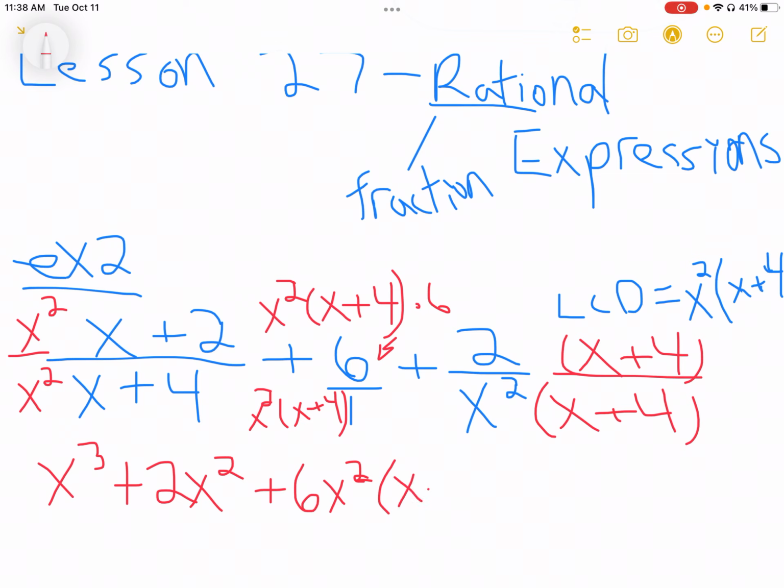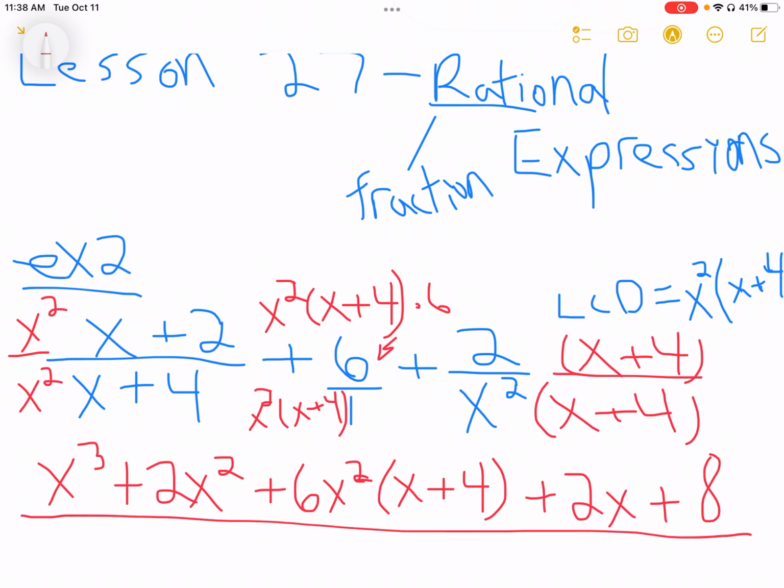I'll write x plus 4. That way we can do it in 2 steps, and we can see it more fully. Plus 2x plus 8, okay? And then all this is over the same denominator now, right? All this for the denominator is x squared, x plus 4.